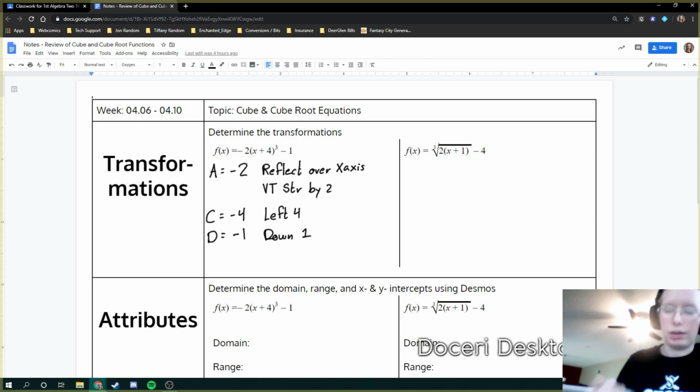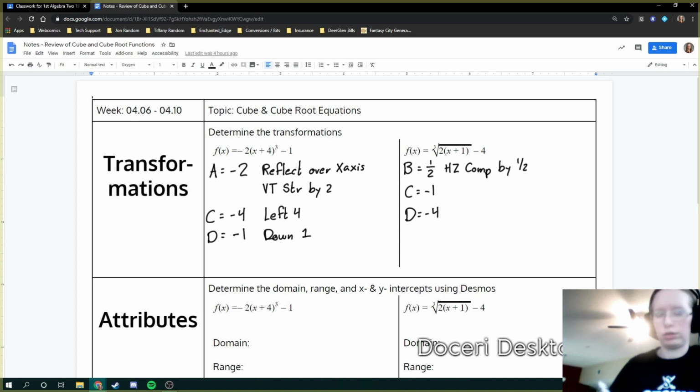This one doesn't have an a value, there's nothing out front, but it does have a b value of 1/2, a c value of -1, and a d value of -4. So this is horizontally compressed by 1/2. We went to the left 1. And we went down 4.